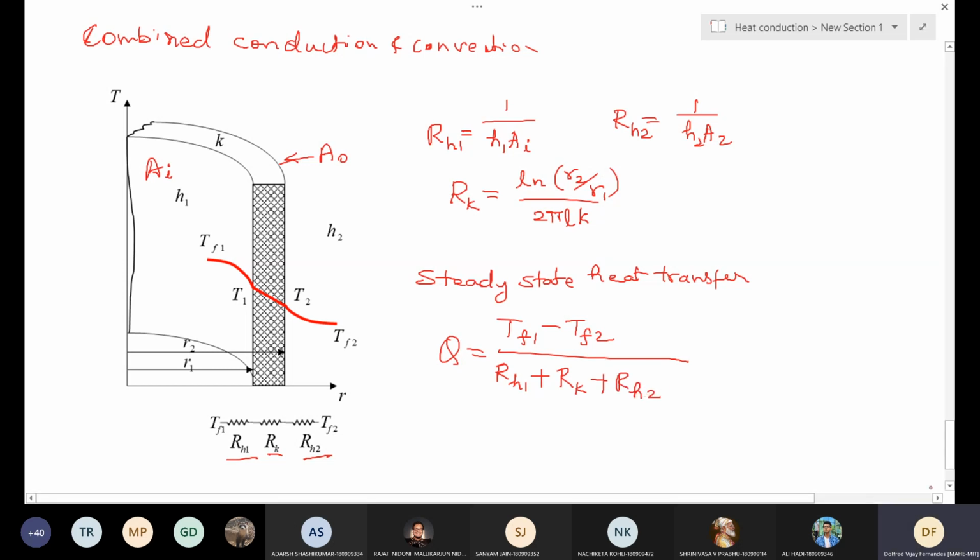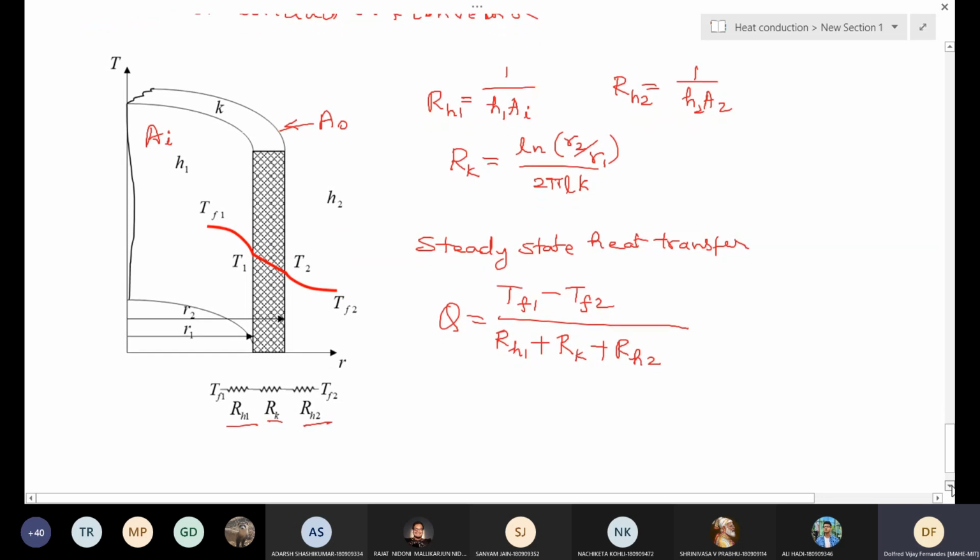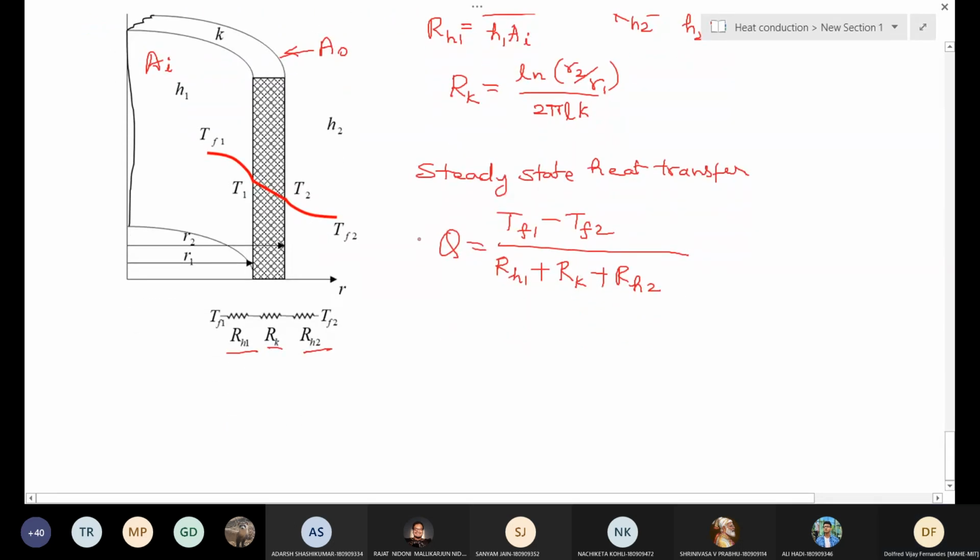So can I write now the overall resistance here also, the overall heat transfer coefficient? Substitute for the resistances. So you can write this in U A delta T form. To do that, first I will substitute the resistances.